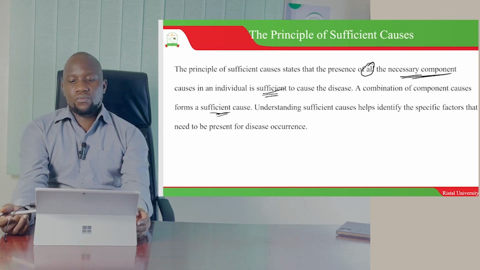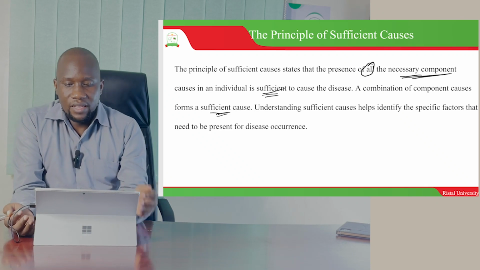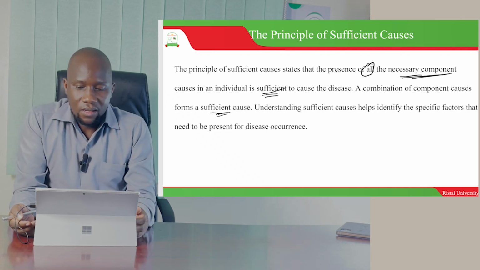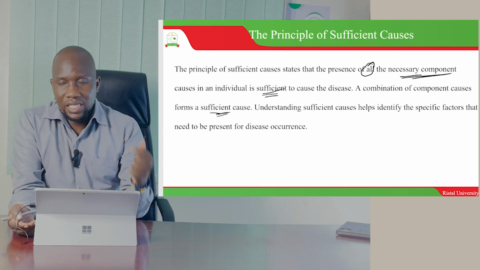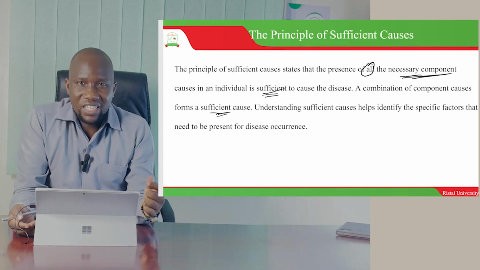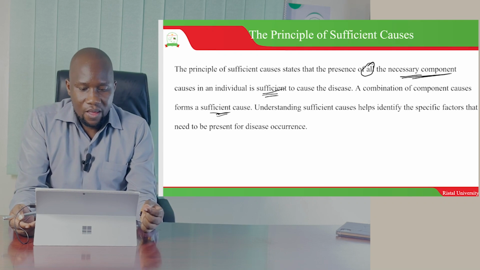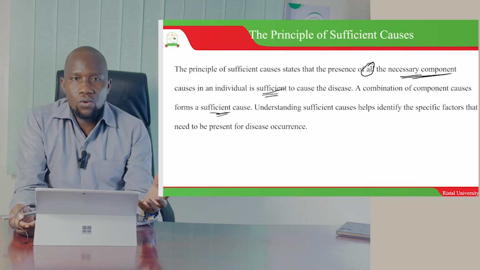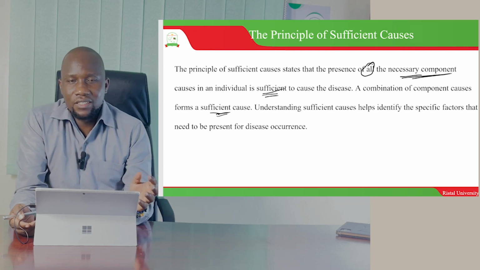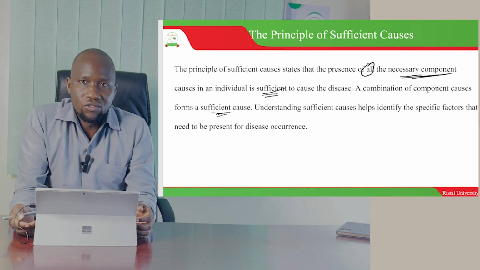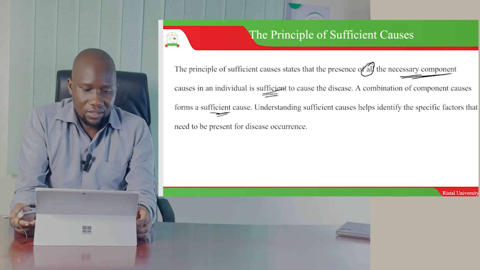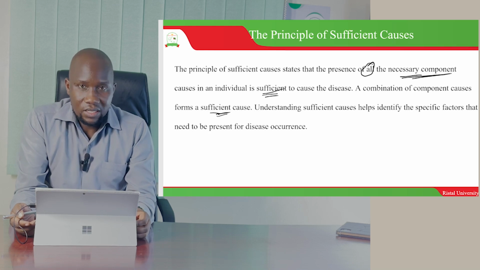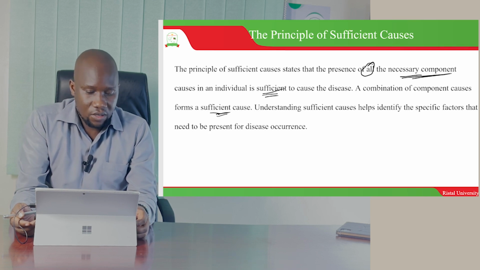We have the necessary component, which, in our earlier discussion, must be there. And in this case, all these different factors have to be present to form a sufficient cause. And when we have a sufficient cause, then the disease will happen. So that is the sufficient component cause model.